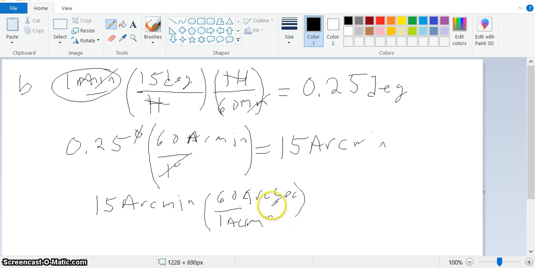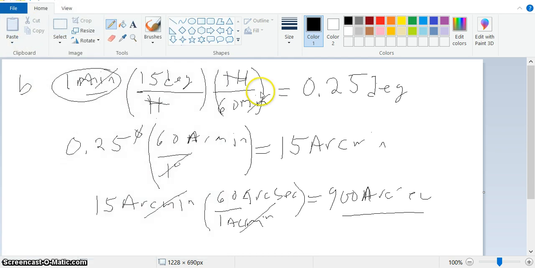So the arc minutes cancel, and 60 times 15 is 900. So it's 900 arc seconds. All right, so in 1 minute, the moon moves 900 arc seconds. It also moves 15 arc minutes, and equivalently 0.25 degrees.